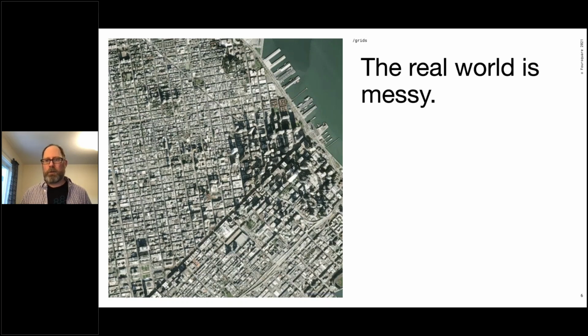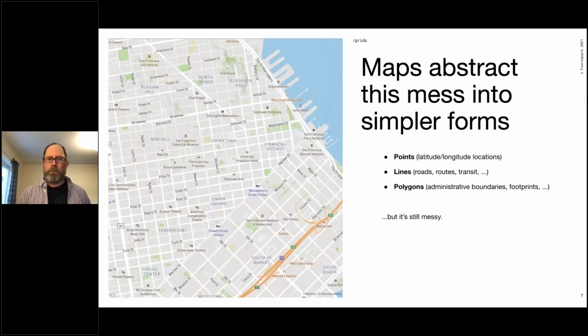But in general, we're all constantly dealing with these very hard to model things in the real world whenever we're making maps. Maps take all these things and put them into abstractions that we can more easily work with. We're all familiar with them: points and lines and polygons. These are the things that we work with as our units of analysis on a daily basis, but they're still pretty messy.